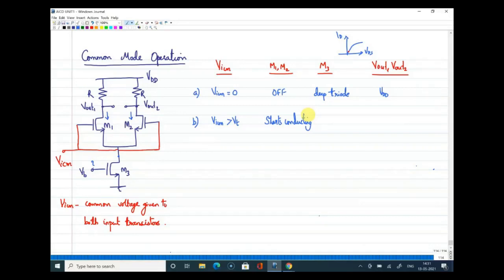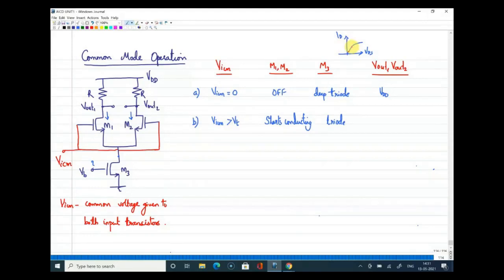All right, so the current will flow for sure. Now, if your VDS is greater than VGS minus VT, I can say that it will be in saturation. But when you provide a voltage slightly more than VT, it is just the onset of saturation. But M3 would have come a little more on the top side, so it would have come to triode region.